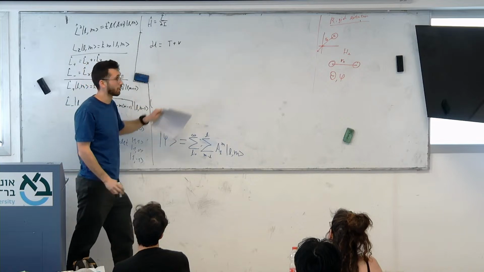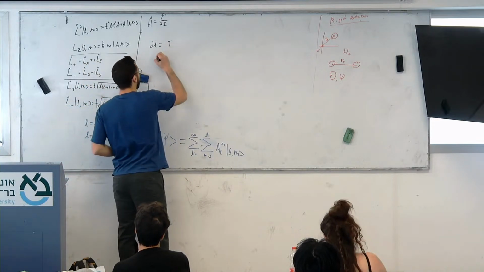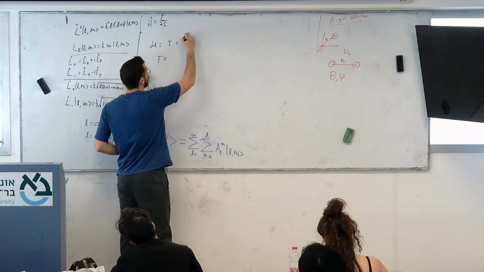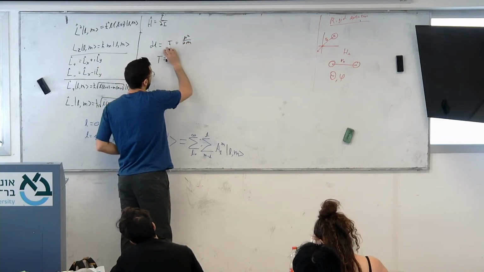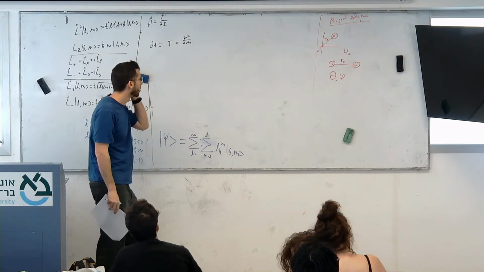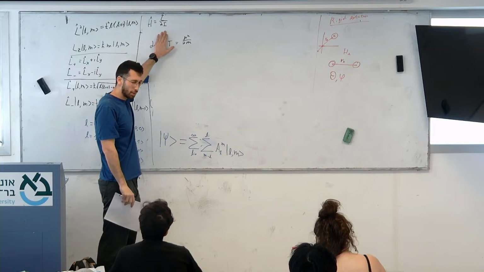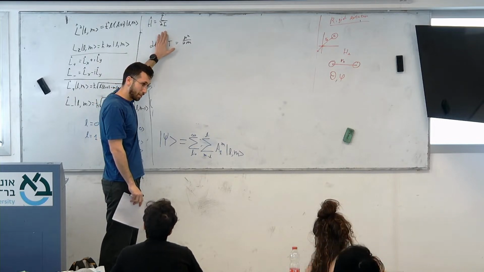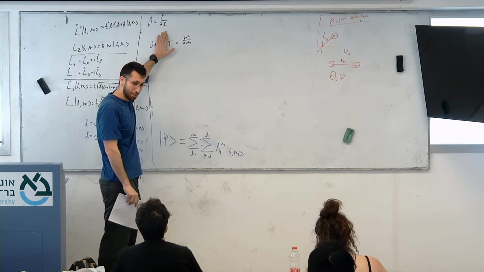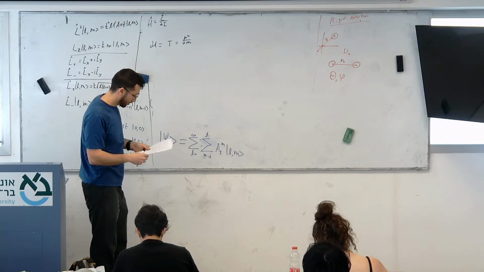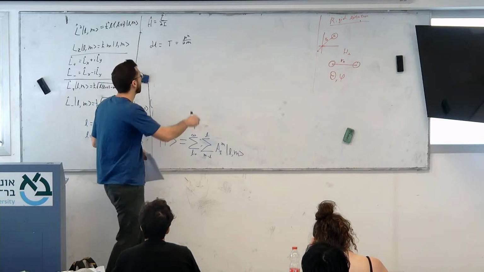Here we say we don't have potential, so we have T, and this is equal to P squared over 2M. What is the capital I there? It's the moment of inertia. Exactly.